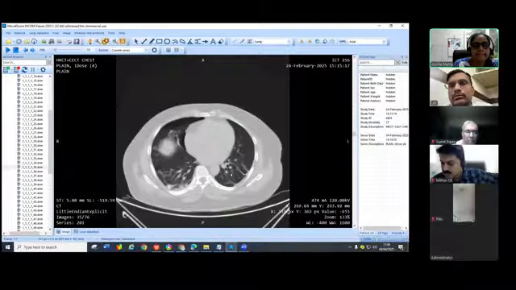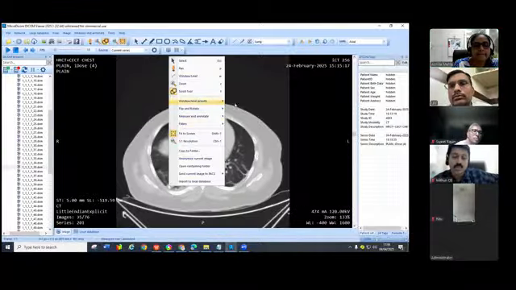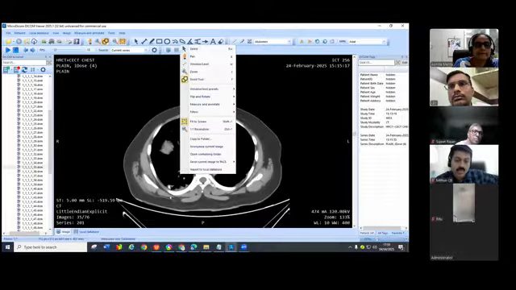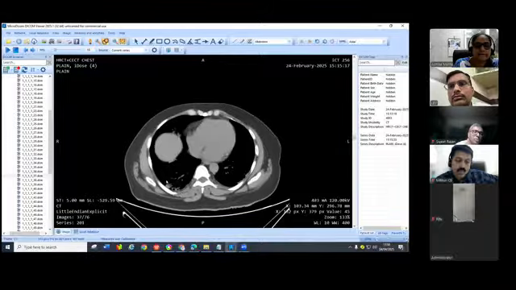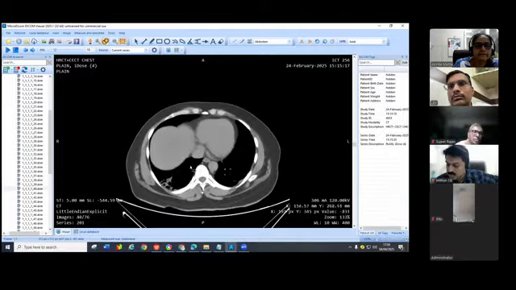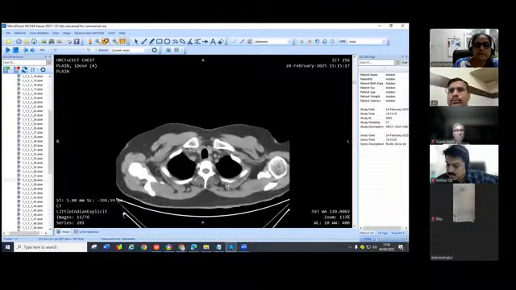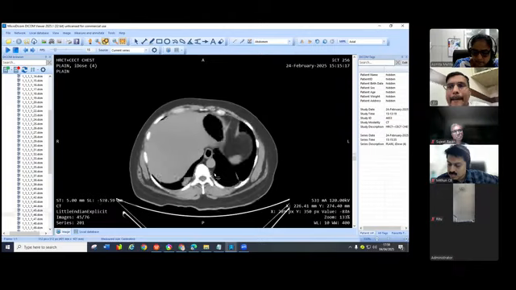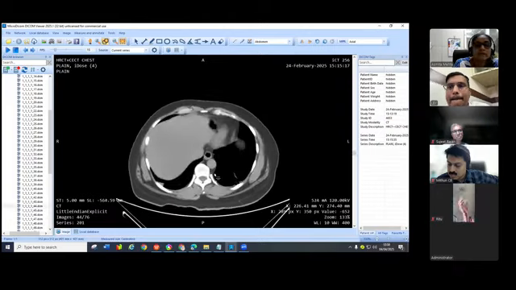And there are a lot of areas of atelectasis, and there is just this one calcified nodule here in the right lower lobe, with some surrounding consolidation also, and a lot of areas of atelectasis. He does not have any significant lymph nodes, and the pulmonary artery is not dilated. He is having some mild coronary calcifications. So those are the main findings.